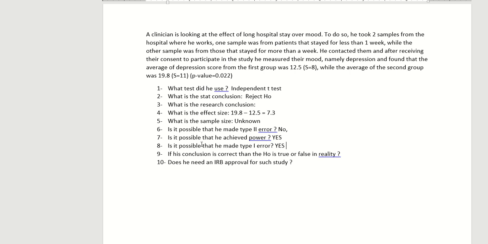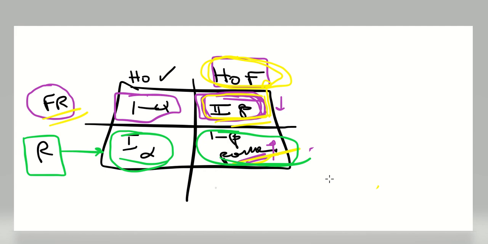If his conclusion is correct, then the null hypothesis is true or false? Let's go back to our drawing and figure it out. So out of the two possibilities, either type 1 error or power, only power is a correct decision, whereas type 1 error is an error. Therefore, knowing that he rejected and knowing that his decision is correct, we know that that means he achieved power.